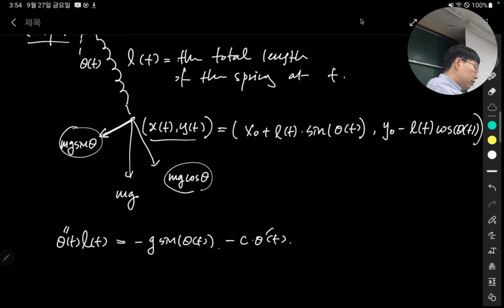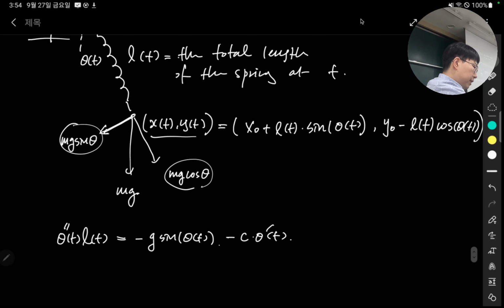Okay, so let's think about the spring motion. So let's take L double prime(t). That's the acceleration, m L double prime. That's the net force. Let's take all the forces affecting the object in this direction.